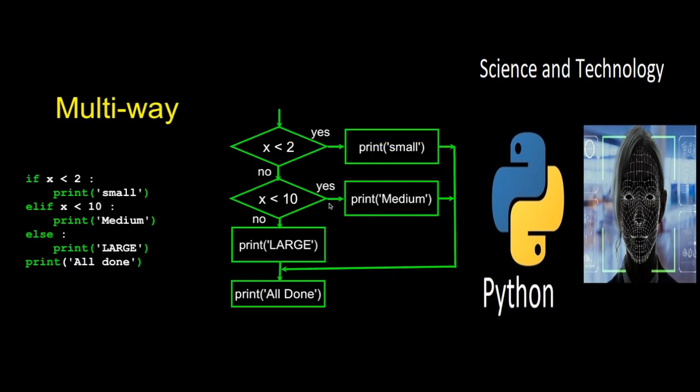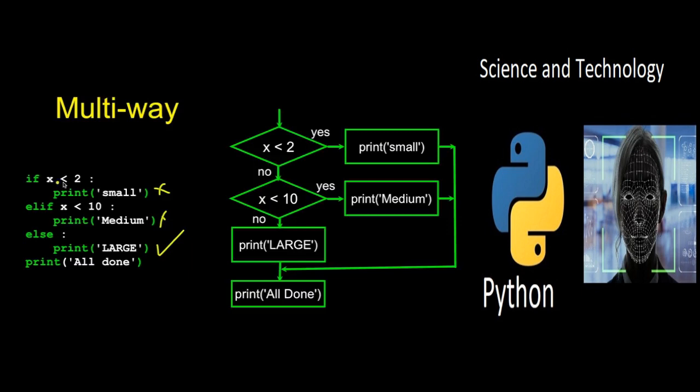If the first one is false and the second one is true, it runs this one and it's done. And if neither of them are true, it falls through to an else clause, which is otherwise, and it runs that. So basically, it's either going to run one and skip the other two, or skip one, skip two, and then run this one. But in this case only one of them runs.